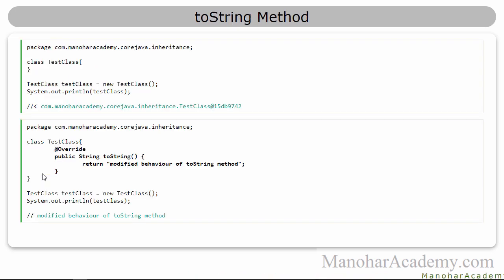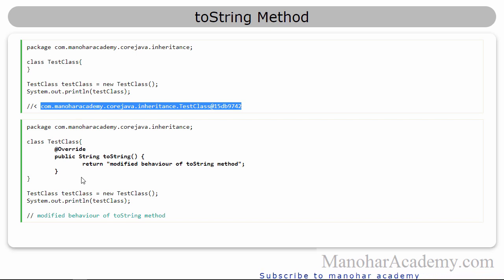Coming to the toString method, it is very simple. If you don't override the toString method, then whenever you try to print an object, you get the fully qualified class name followed by some hash code, and this is not informing us about the state of the object.